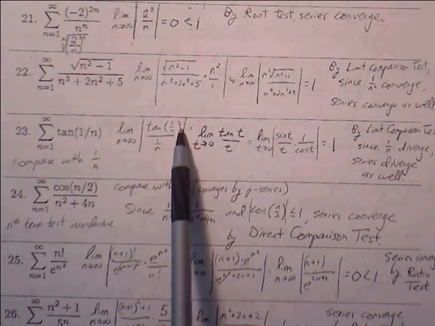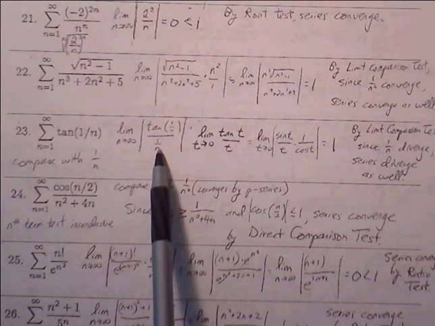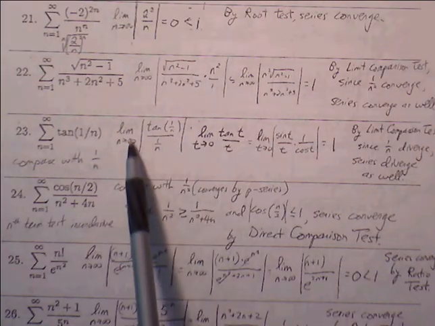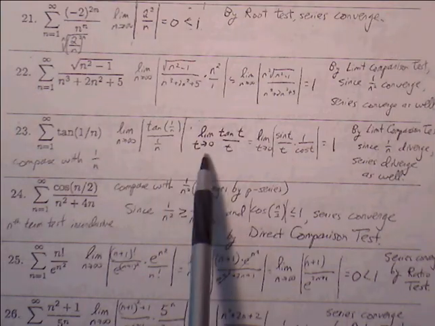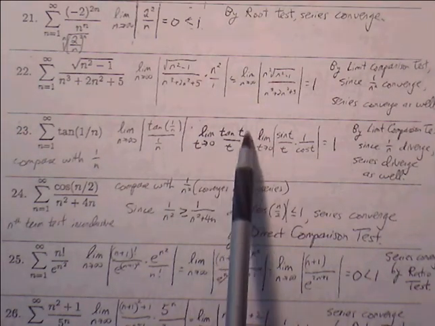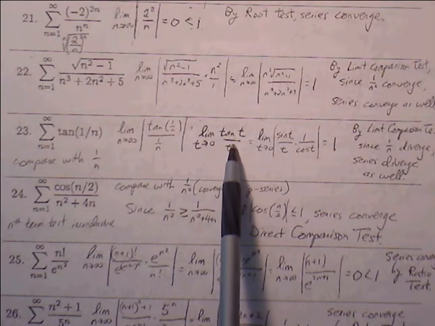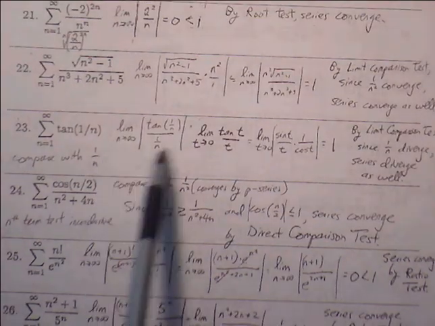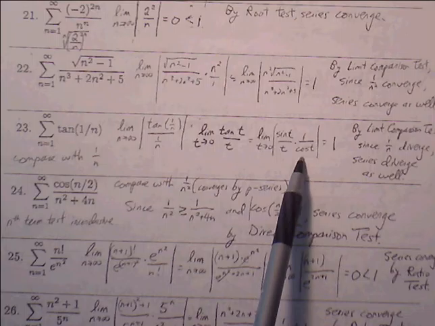So what if we simplify this process a little bit and make it tan of t over t as t approaches 0, since essentially that's what's happening. As n approaches infinity, this expression goes to 0, so why not just make it t approaching 0. Going through trig and limit properties, tangent of t over t is the same thing as sine of t over t times 1 over cosine t.